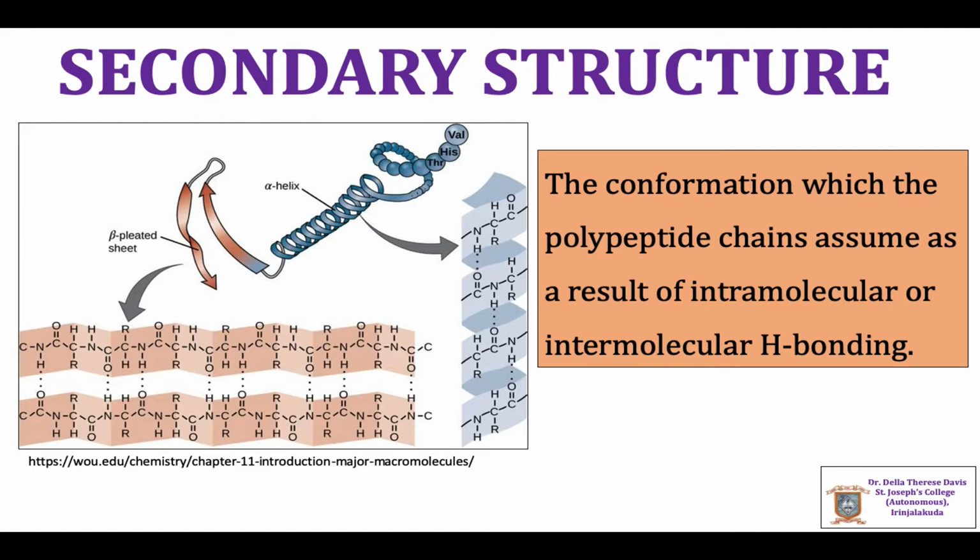The CO group forms hydrogen bond with the NH group of the same polypeptide chain. Example, in keratin, myosin, etc. the secondary structure is alpha helix.